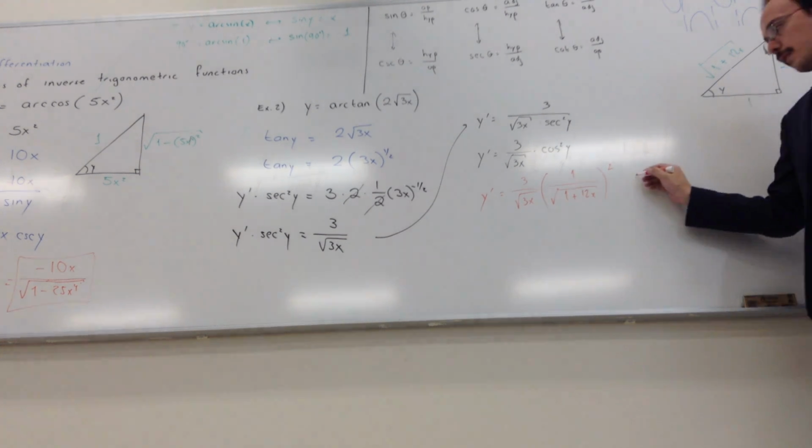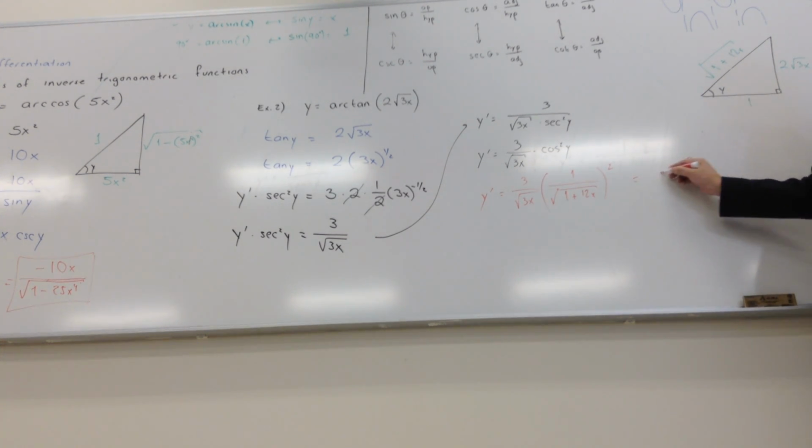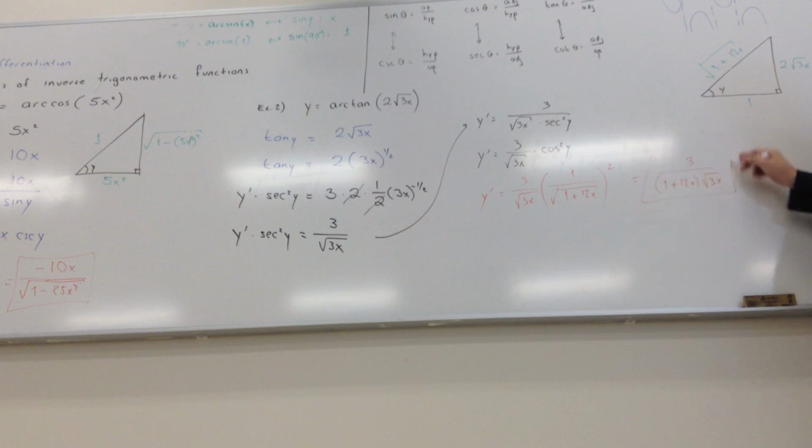So finally, 3 over the square root of 3x times square root of 1 plus 12x. Yeah. That's it.